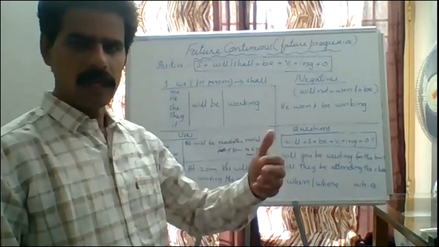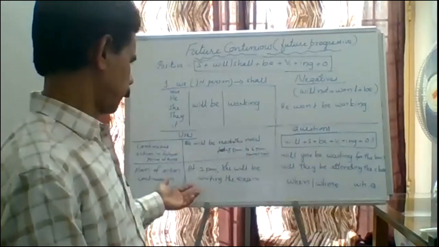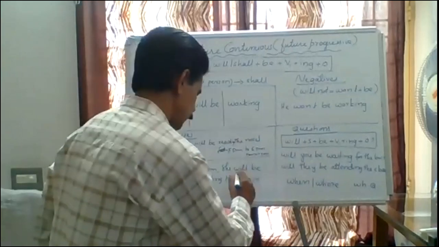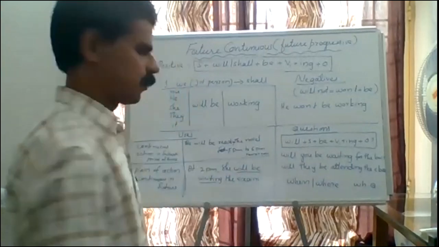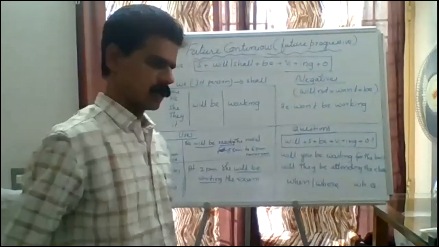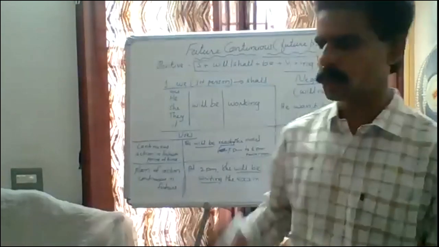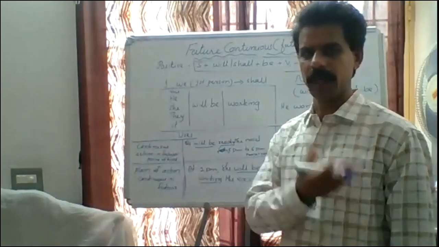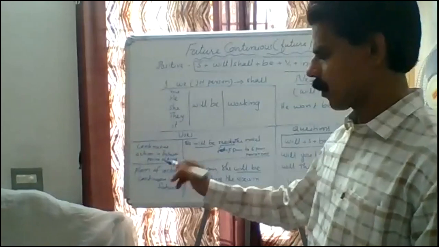So tomorrow or a future time, 2 p.m., she will be writing the examination. Here, will be plus ing is the future continuous. Future progressive shows that an action which happens for a long period of action or a plan of action.